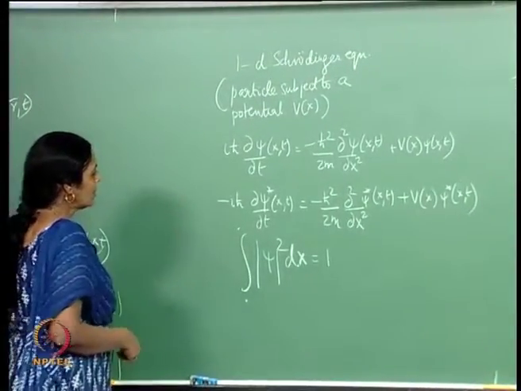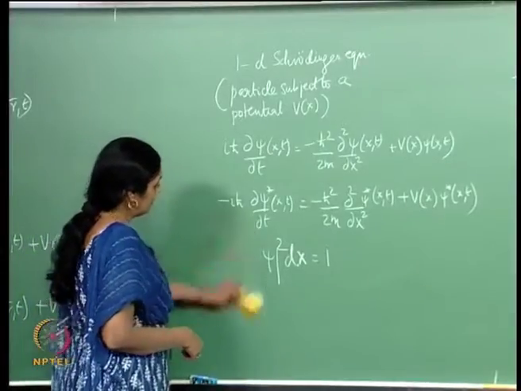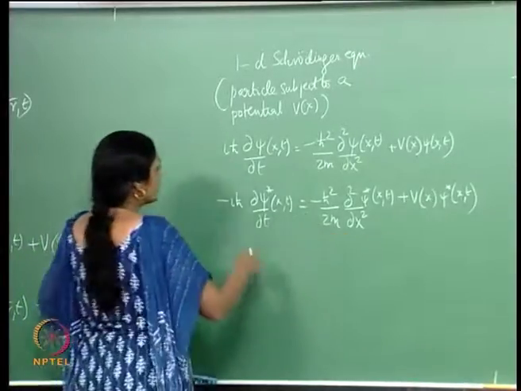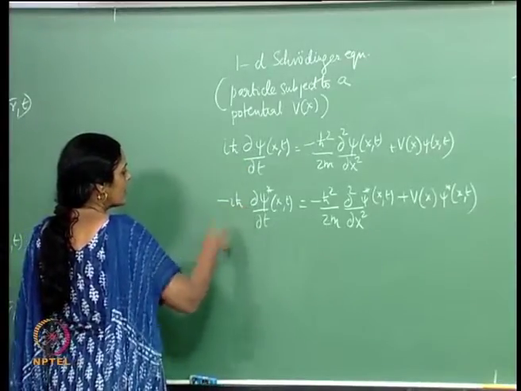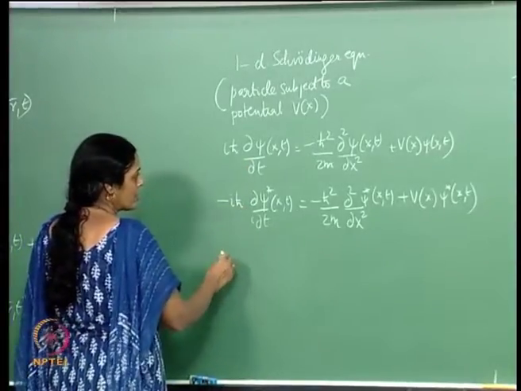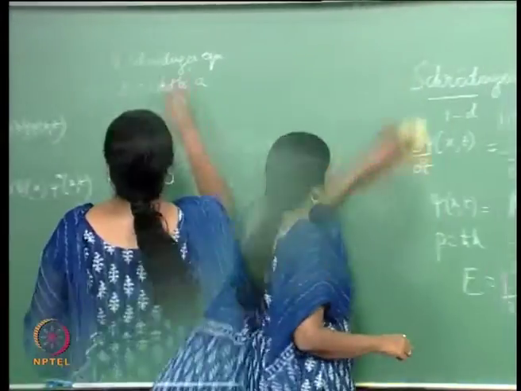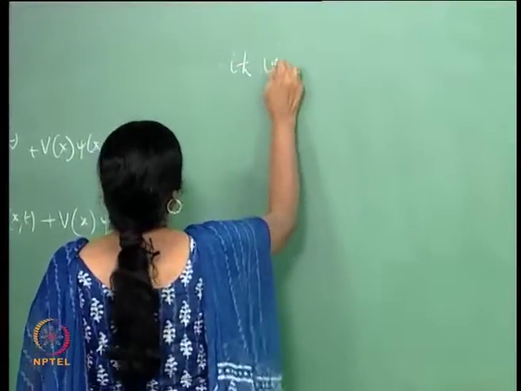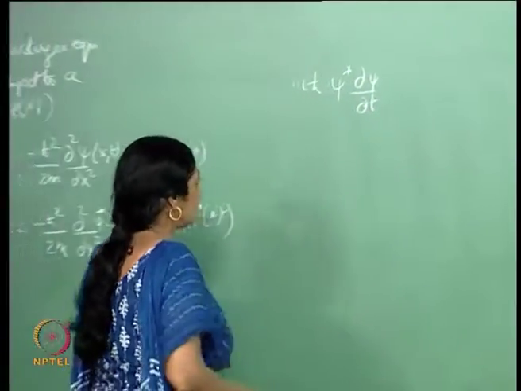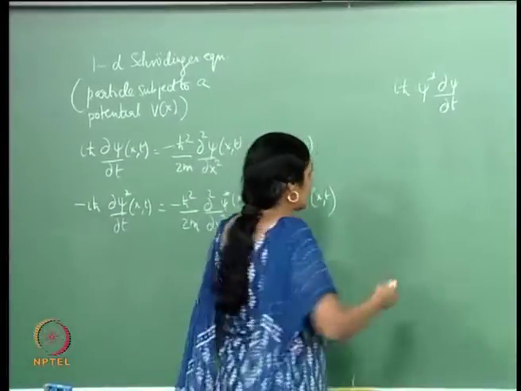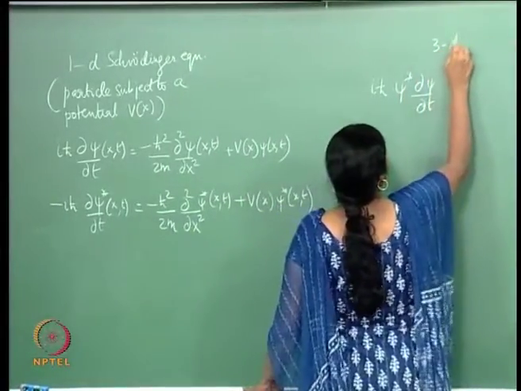Now here I can do the following. I can pre-multiply this by psi star and this by psi. Then the first equation becomes i h-cross psi star delta psi by delta t. I could do it in 3 dimensions if you wish, and therefore let me just do it in 3 dimensions.